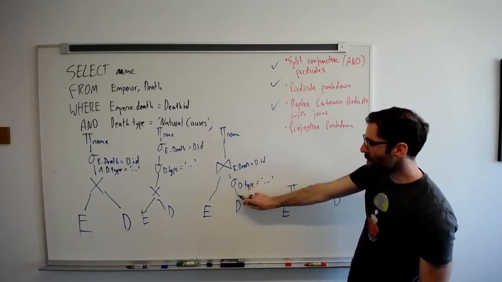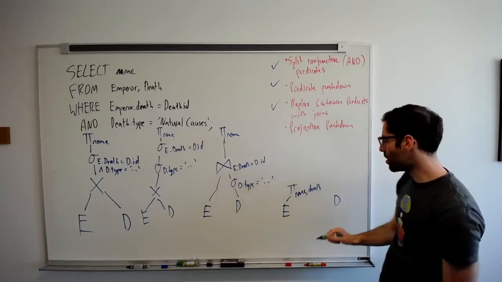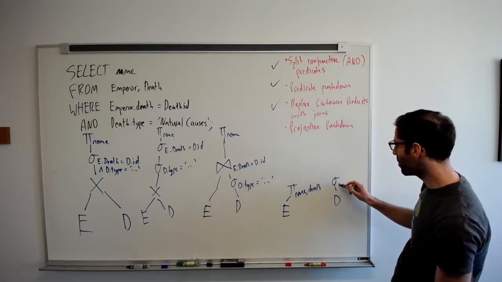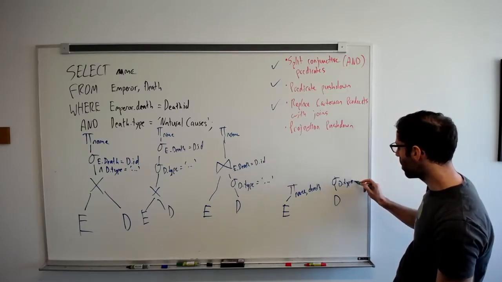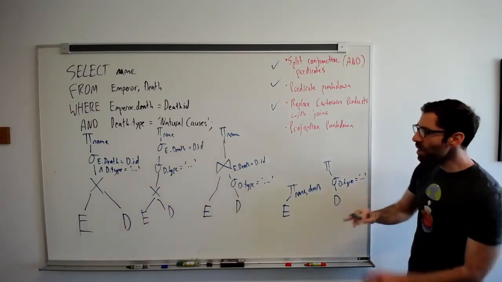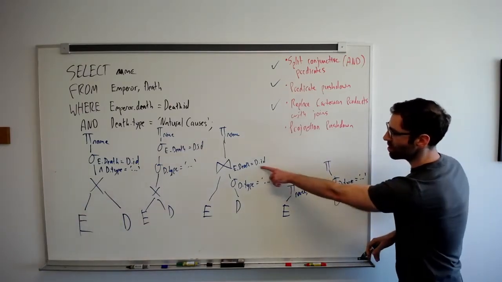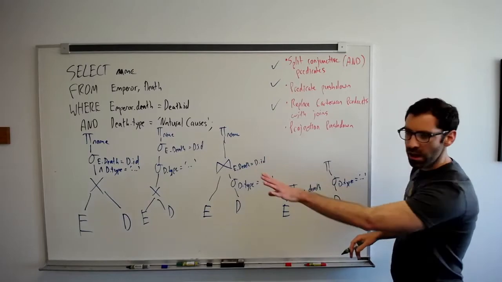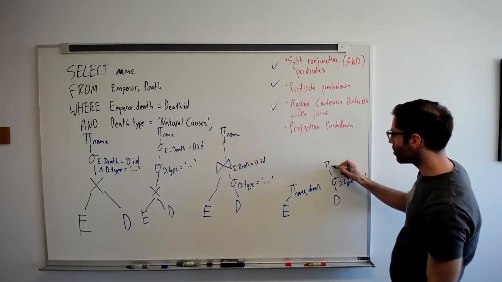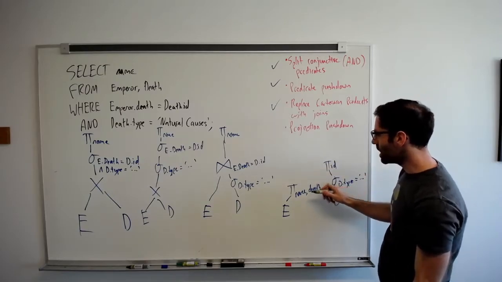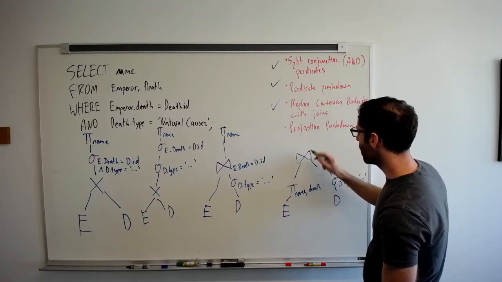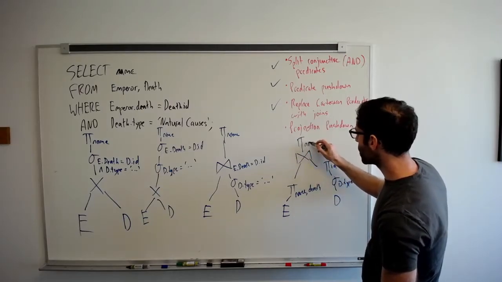We could put the projection before or after the selection. I'll go ahead and put it after. So once we select from the type, the only thing we need from this relation is the ID in order to do this join, because our projection at the end doesn't need any of that. So we'll just project up the ID. From these projections, we go into our join, and from there into our final projection of just the name.